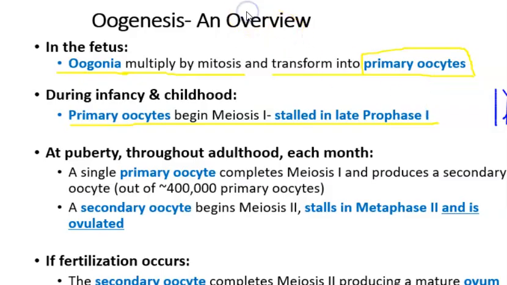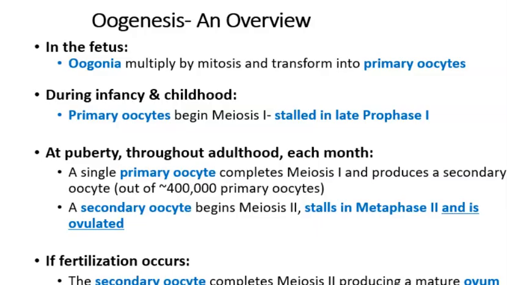So if I draw my centromeres in here, this picture might make more sense to you. I'm going to put a centromere there and a centromere there. And what we have are two homologous chromatids crossing over and exchanging information. So synapsis has happened. This is where everything is arrested in prophase 1 until puberty.